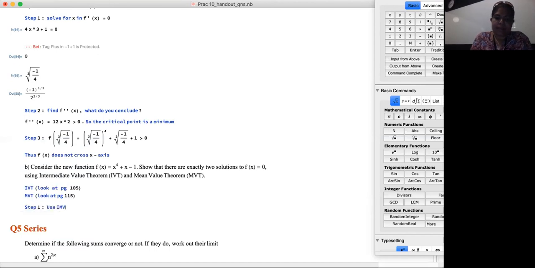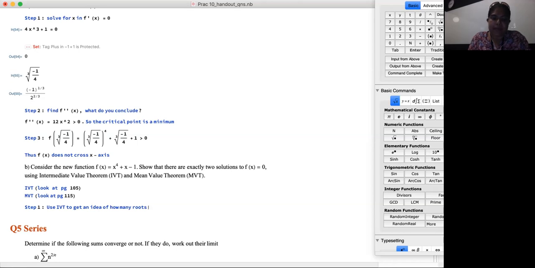Use the intermediate value theorem. How many roots?